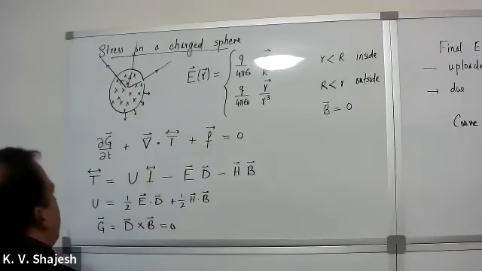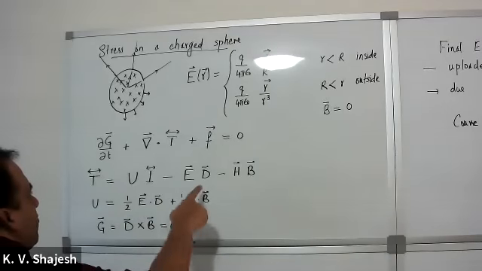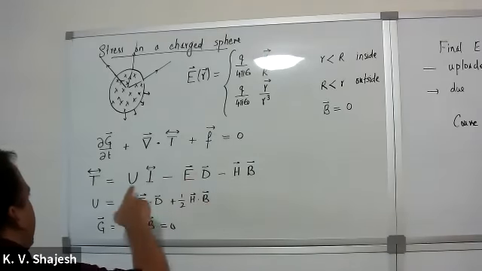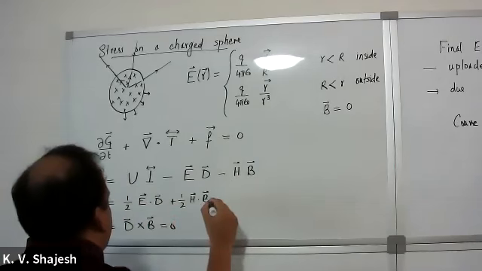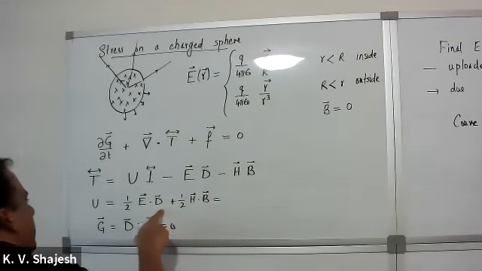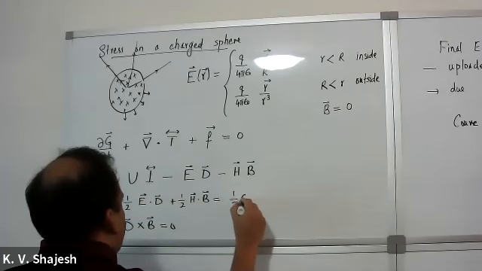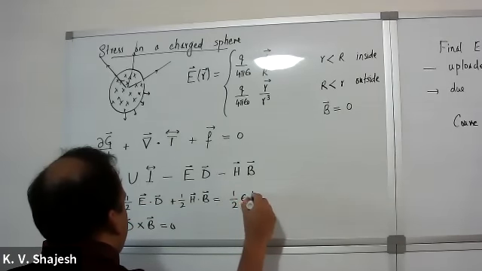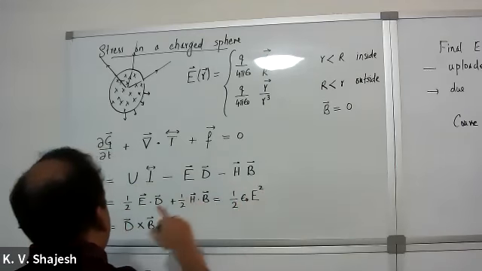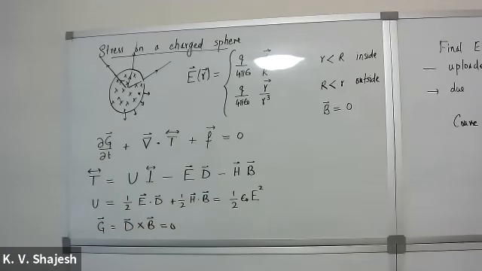There's also this simplification that this goes away, and U is nothing but, D is epsilon naught, remember. So that's 1 over 2 epsilon naught E squared. When you take the dot product, that's just simply 1 by 2 E squared in this scenario.